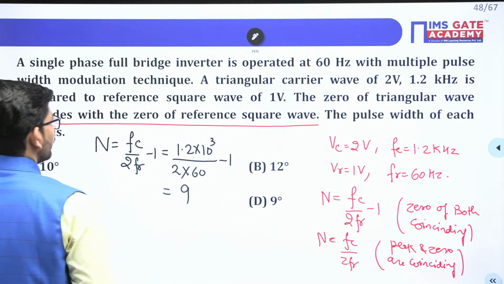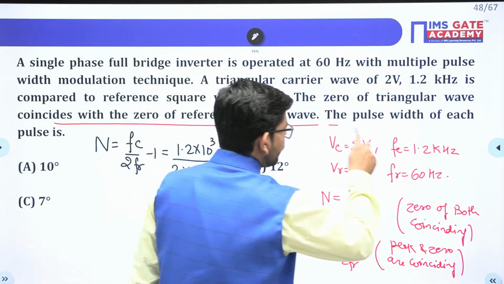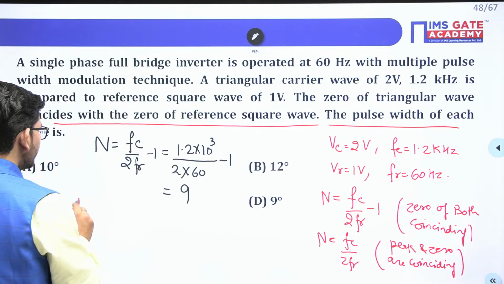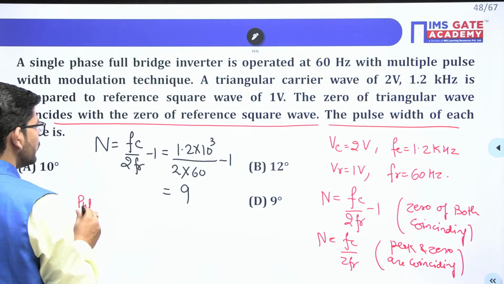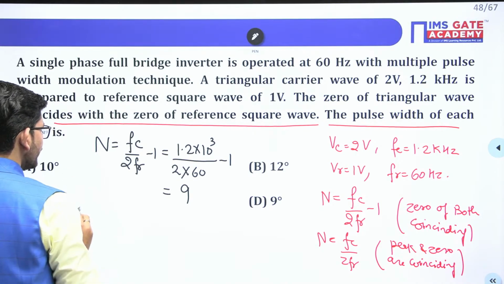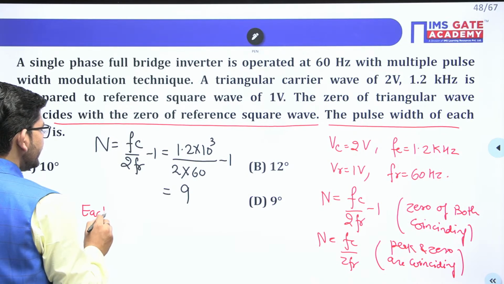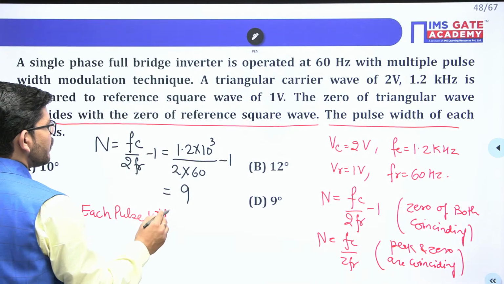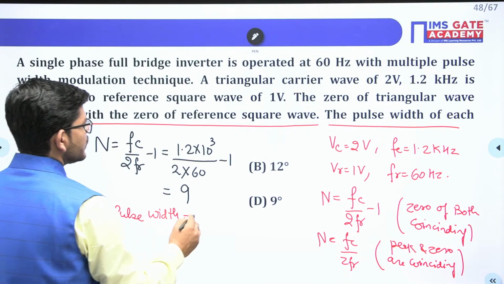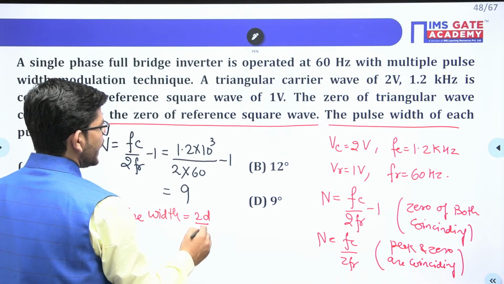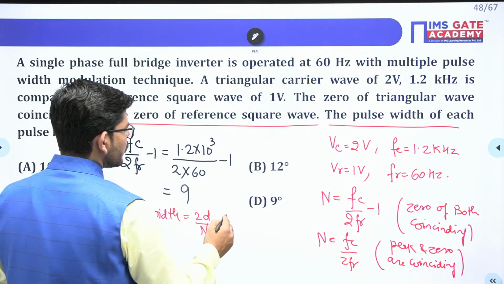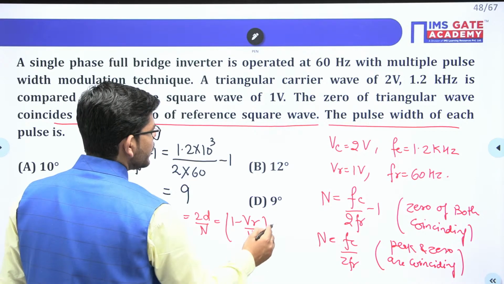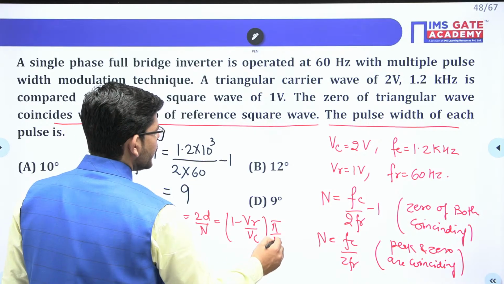Now we have to calculate the pulse width of each pulse. In case of multiple pulse width modulation, each pulse width is 2d upon n, which equals (1 minus VR upon VC) times pi by n.